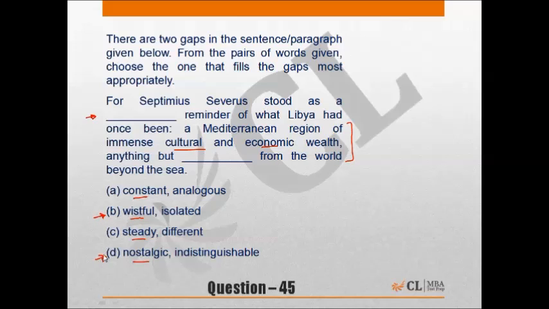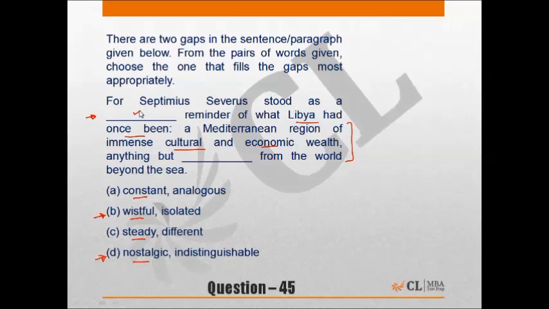A reminder of what Libya had once been. So possibly there's some kind of nostalgia or wistfulness associated with it, of this is what we were. So possibly B and D are better options as compared to A and C. While I can't definitely eliminate A and C on this basis, logically wistful and nostalgic should be better options for the first blank.